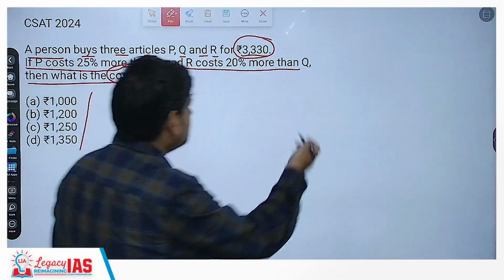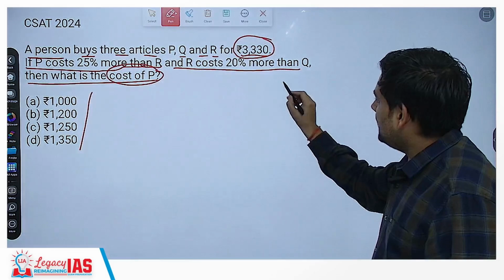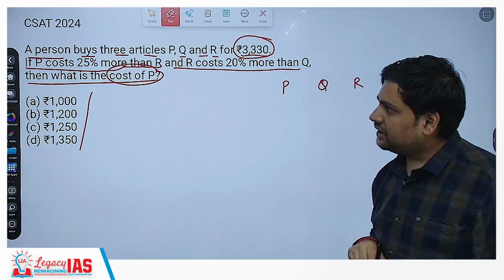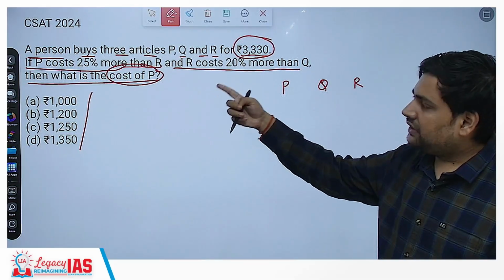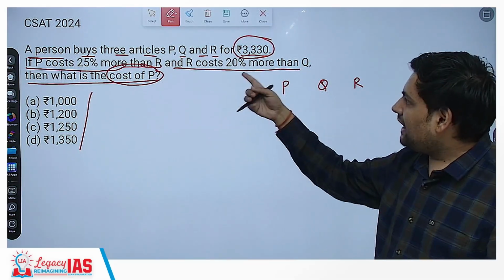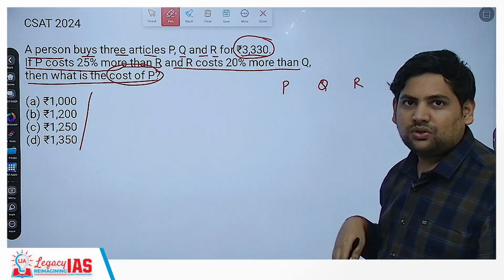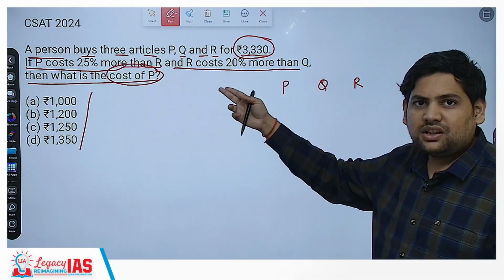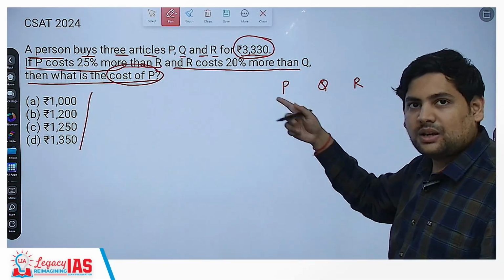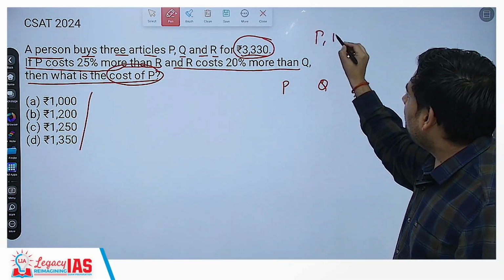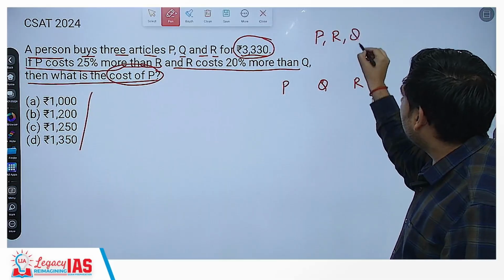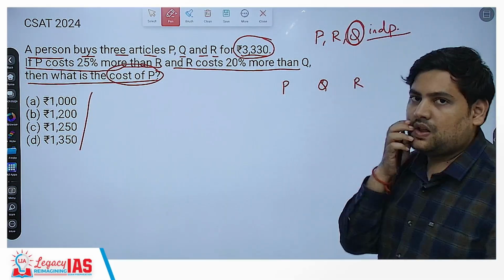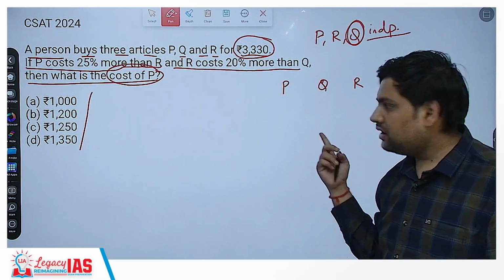See, these are your numbers P, Q, R. Now it is written that P costs 25% more than R and R costs 20% more than Q. That means P and R are given in terms of some other quantity. Correct? P is given in terms of R, R is given in terms of Q. So Q is the independent quantity that you have.